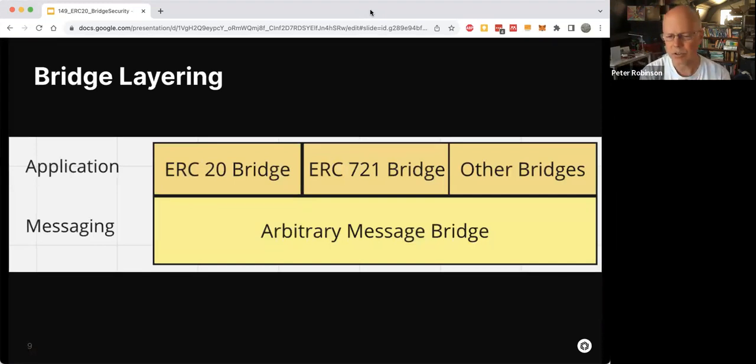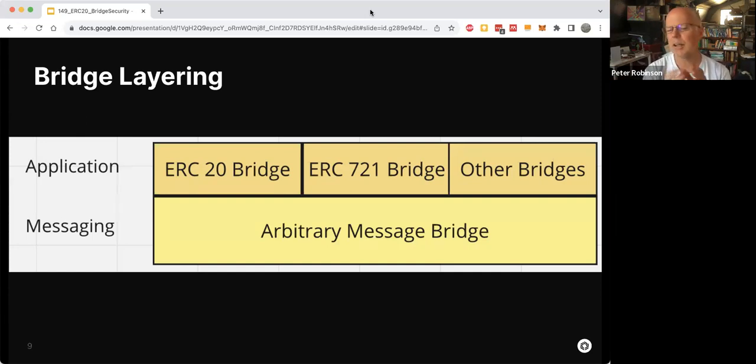Typically with bridges, if you're bringing out a new bridge, you should design it this way, where your arbitrary message layer is at the bottom. That is a bridge that will get a message from a source chain to a target chain. And then you build your application level bridges on top. Some people have made the mistake of tightly integrating the application bridge with the arbitrary message bridge.